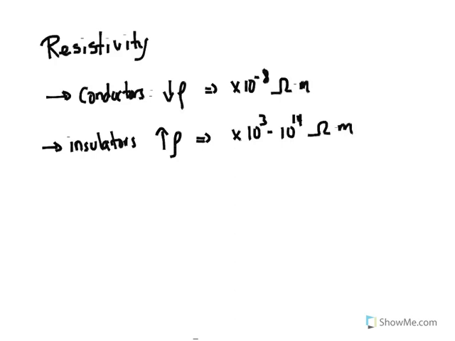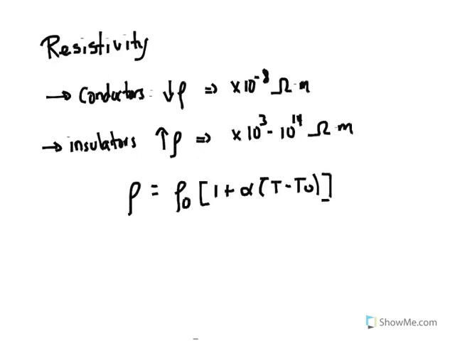And the resistivity also depends on temperature. The resistivity is equal to the original resistivity, which is reported in the literature, times 1 plus alpha, which is also a constant, times the difference in temperature.